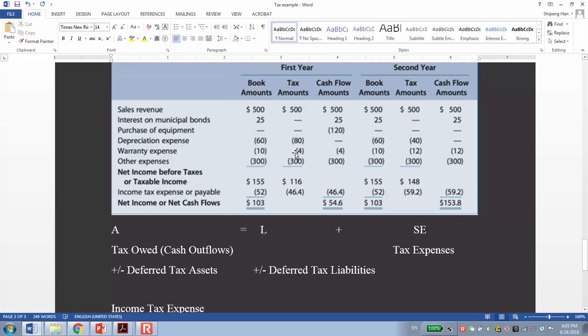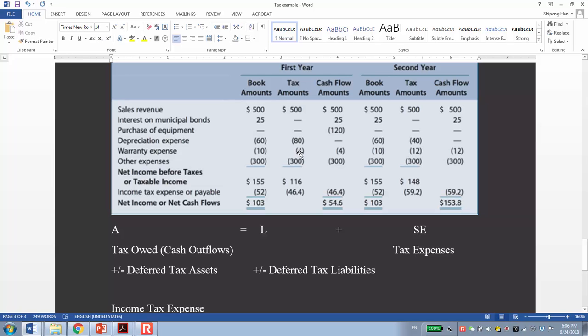Warranty. The tax report is 4, while the financial report is 10. So actually, this will increase the taxable income because 4 is less than 10. And its effect will increase the tax payable. But we know this effect will finally be reversed, right?